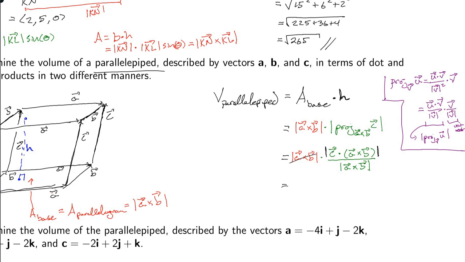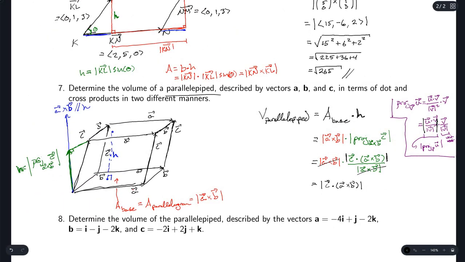But we can cross out now the magnitude of A cross B. Really the absolute value of this is the length, because that scalar could be a negative number. So the volume being a positive number, we want to take the absolute value of this.